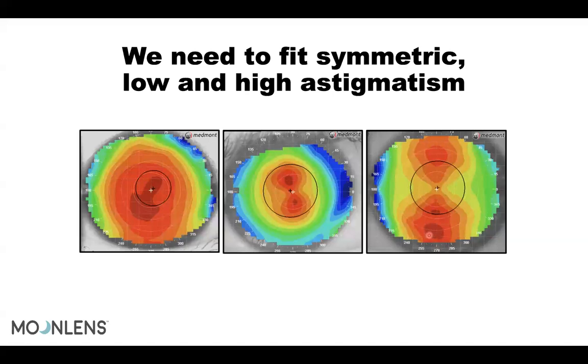If we were to see that, the lens would be rocking, and that would not be an ideal fit for that patient, and it's going to create movement, so the effect of the lens wouldn't be the proper one. So with this type of cornea, whenever you see a topography with this type of shape, you immediately know that this is going to be a toric lens, and you can have issues if you fit an asymmetric lens.